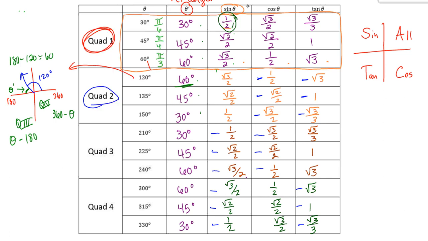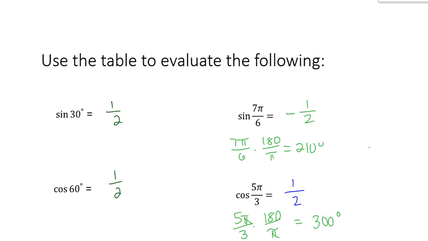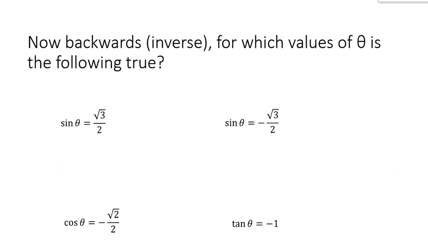Here's my sine column. Looking through, it looks like I've got a square root of 3 over 2 there, there, and here, but it's negative, so that's not it. Not that one either. So it looks like it's 60 and 120. That's what the table is telling us.